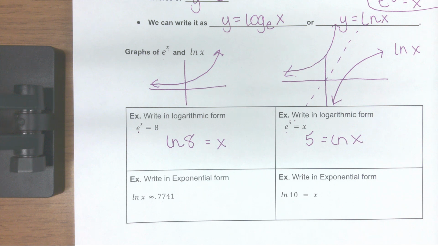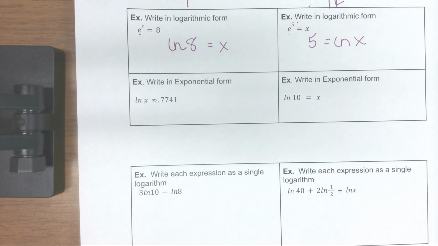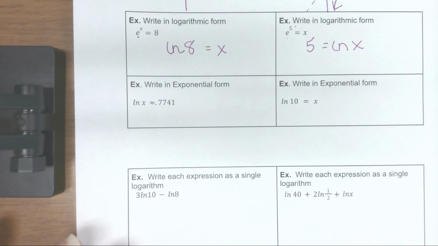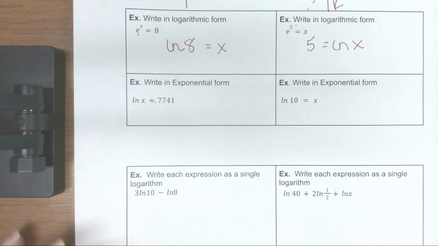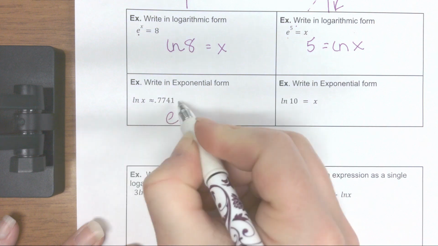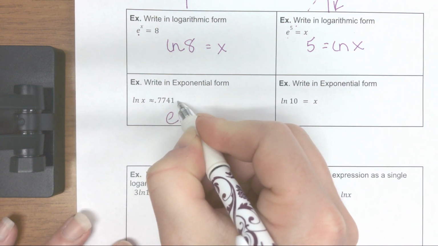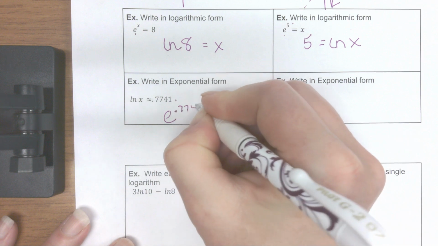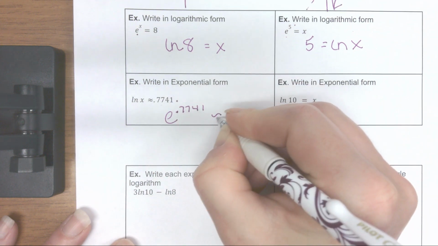Okay, let's go the other way. What if I wanted to write this in exponential form? All right, if it's natural log, what's the base of the log? e. To get the exponent, I look on the other side. So e to the 0.7741 is approximately x.